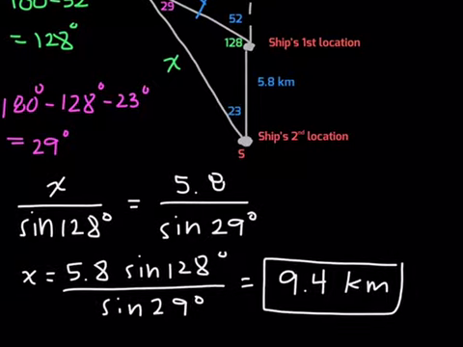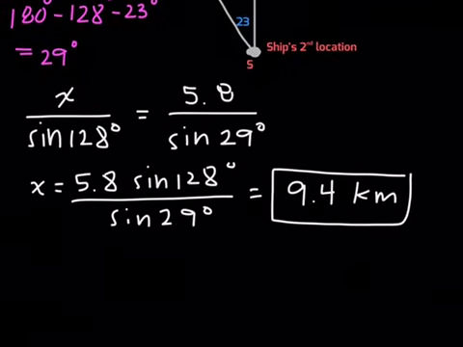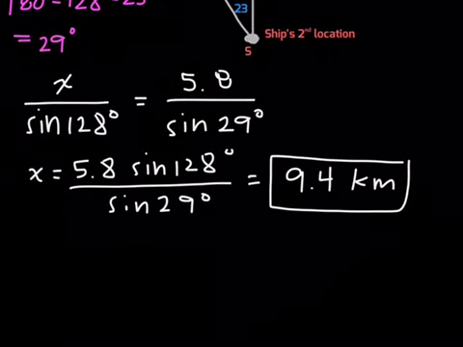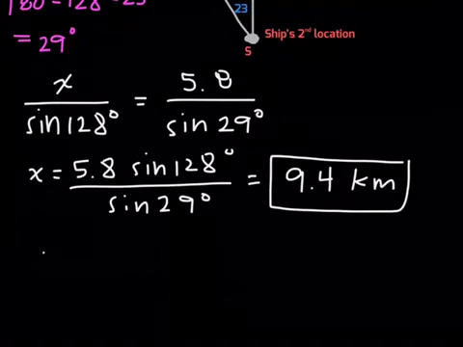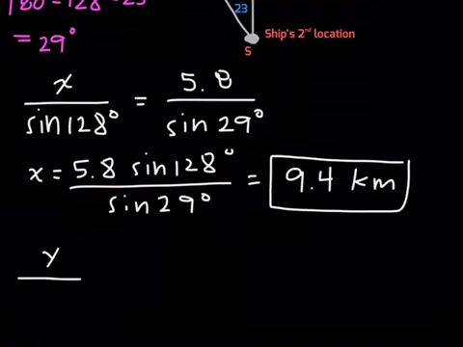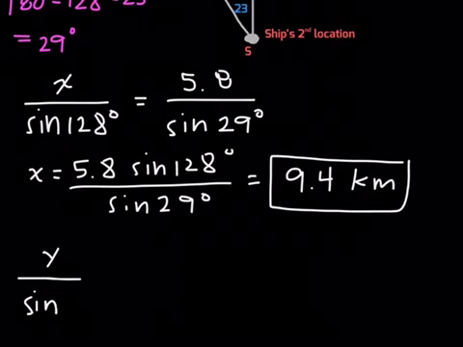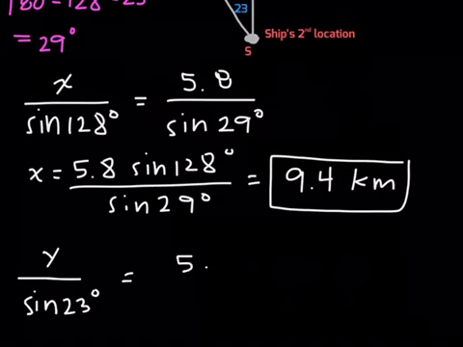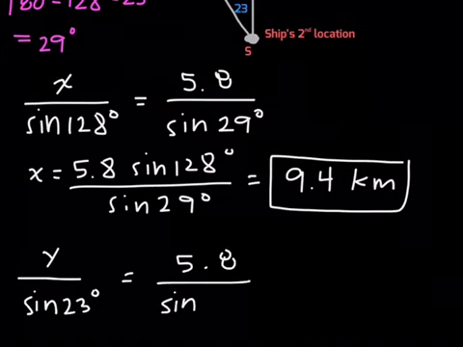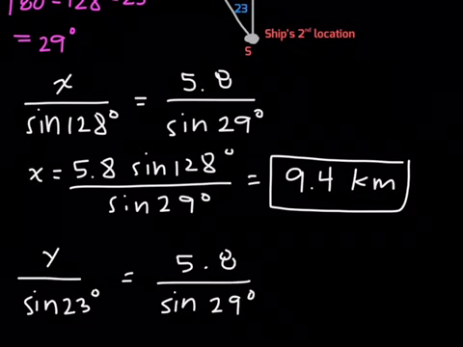Now, when I set up the law of sines for y, I'm going to put y over sine of the angle that's opposite side y, which is 23 degrees. And I'm going to use 5.8 kilometers again, that's the side length, over sine of angle 29 degrees. Okay?